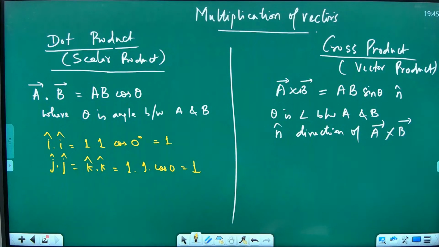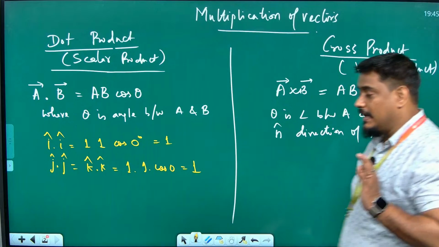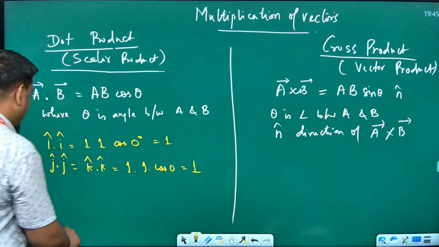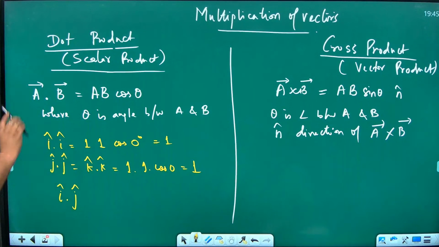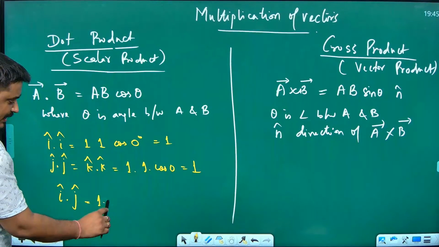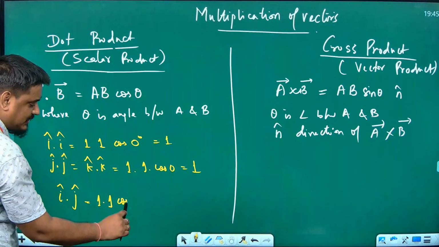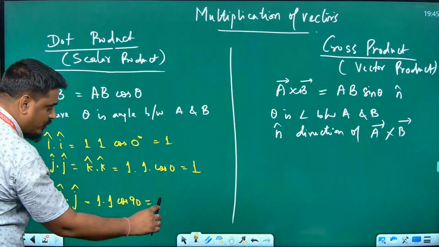I hope there is no problem in this. If I write i cap dot j cap, why is it 0? Because 1 into cos 90 is going to give you 0.